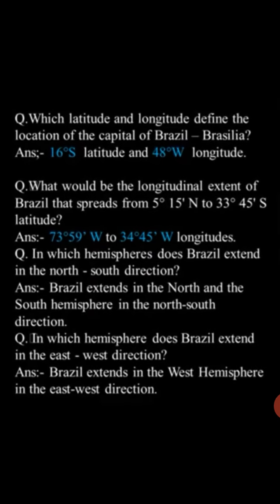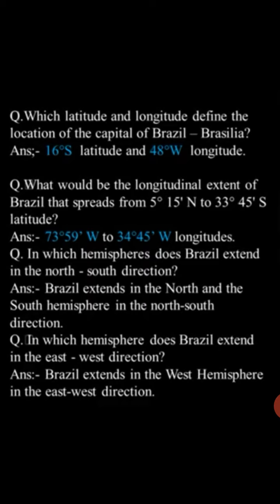Now it's visible. What will be the longitudinal extent of Brazil that spreads from 5 degree 15 minutes north to 33 degree 45 minutes south latitude? The answer is 73 degree 59 minutes west to 34 degree 45 minutes west longitude.